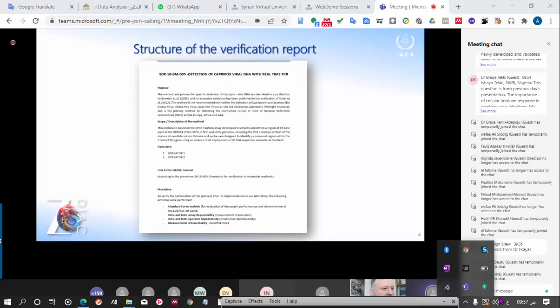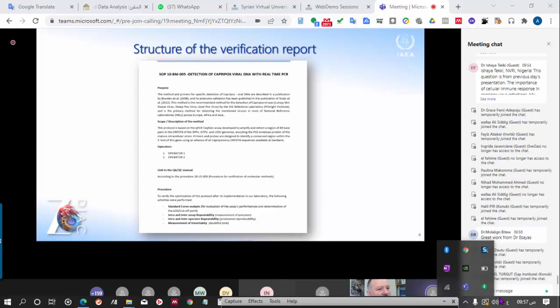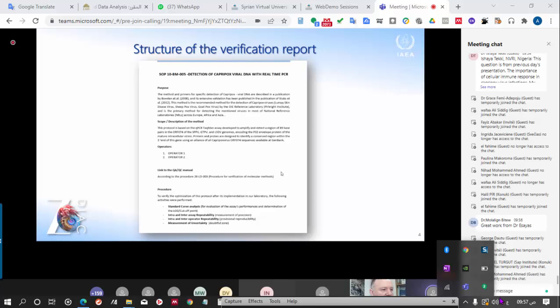As I said, first you should describe the purpose of your assay. More or less it will be the same as what you put in your SOP when you write your SOP for this assay. Then of course the scope, and you can see here what the scope is, what genome targets this assay is targeting.